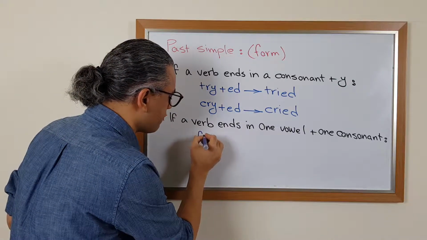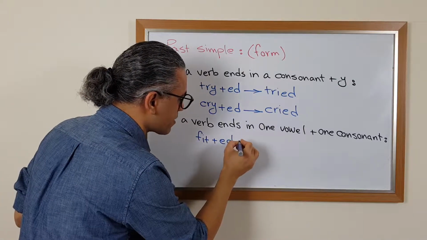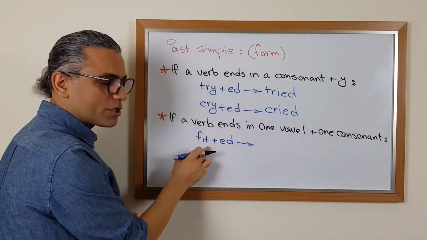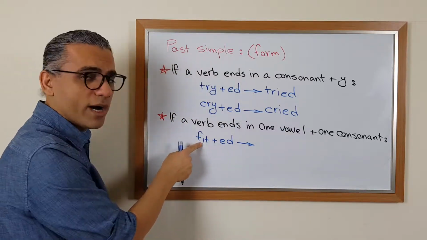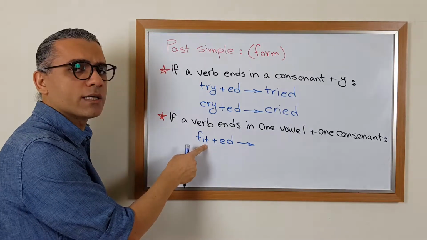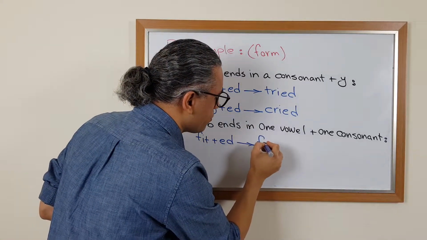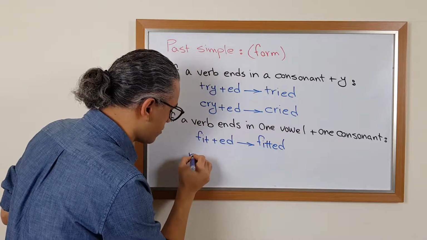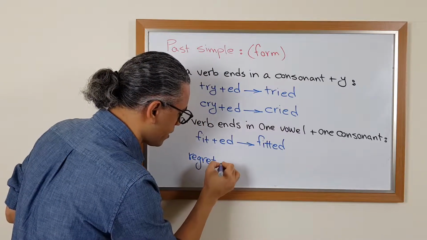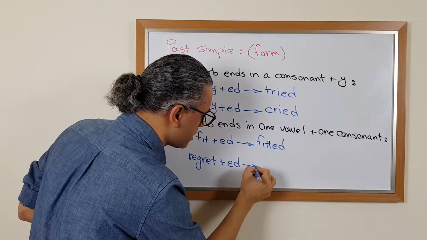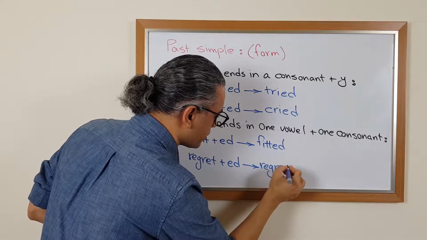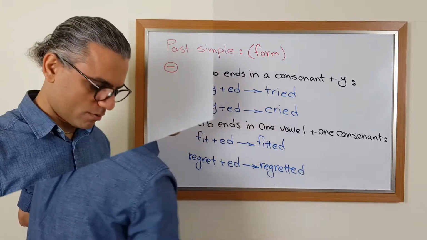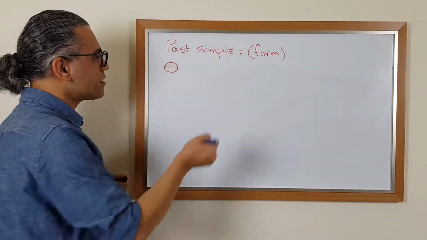For example, fit plus ed, we should double T because this verb ends in one vowel, I, and one consonant. So we double the consonant. Fitted. Another example, regret plus ed, we double T. Simple.